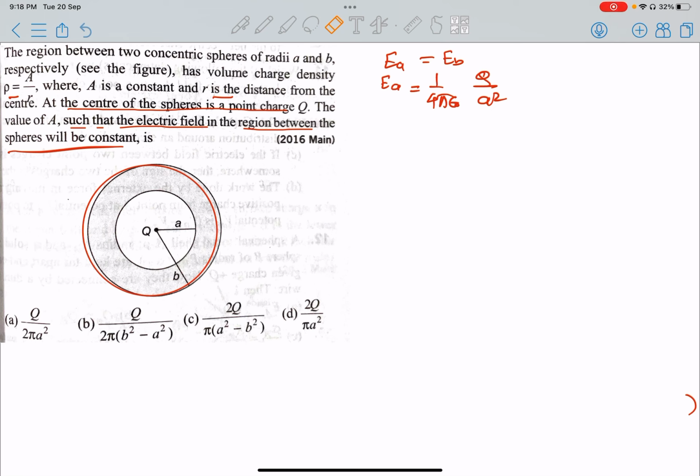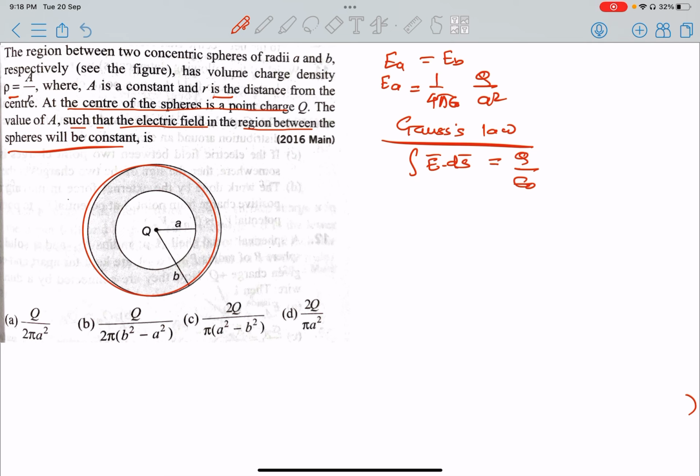So if I apply Gauss's law, what is Gauss's law? Let us write it down first. Gauss's law says the electric flux through the Gaussian surface, written as the integral of E bar dot ds bar over that surface, is equal to the charge enclosed in that surface upon the constant epsilon naught.